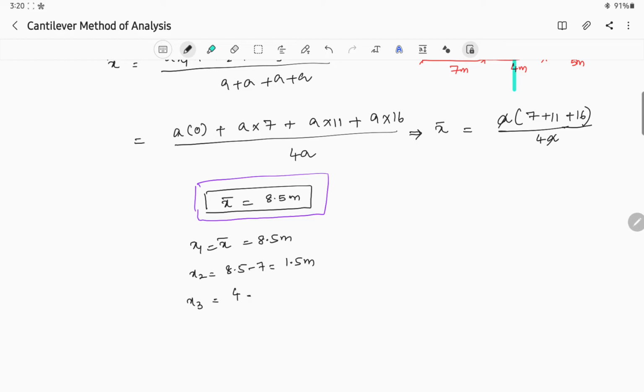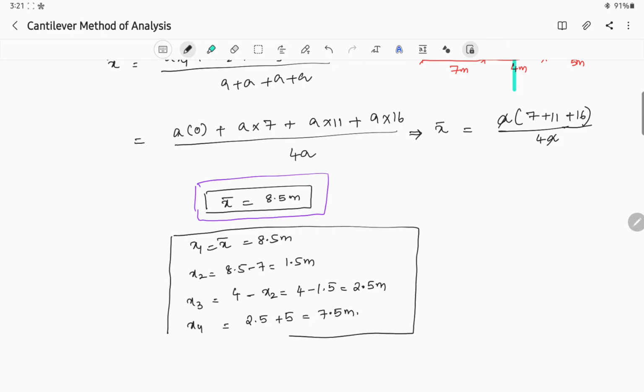So 4 minus 1.5 is equal to 2.5 meters. What about x4? x4 is equal to 2.5 plus 5, which is equal to 7.5 meters. So we got all the values of x1, x2, x3 and x4.